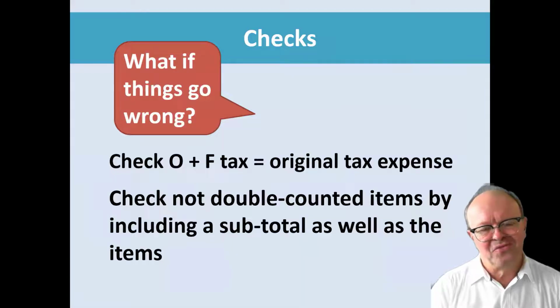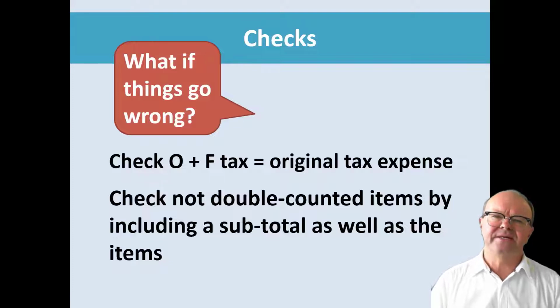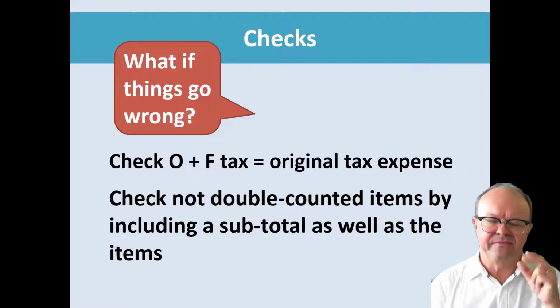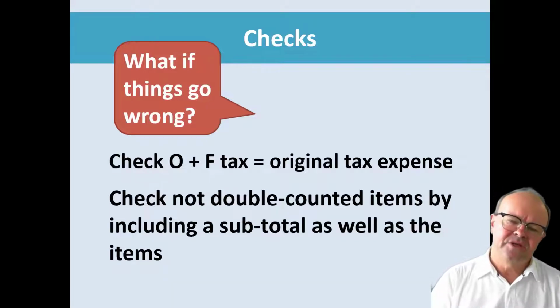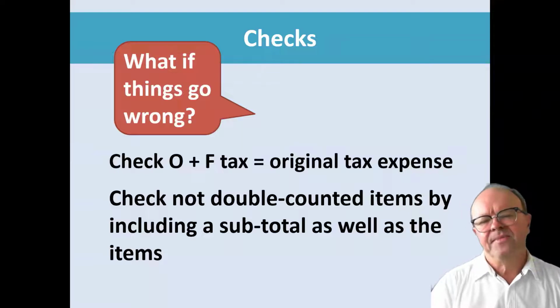So what if things go wrong with restating our income statement? Well, you can check that the tax for operating and the tax for financing equals the original tax expense in your financial statements worksheet for your income statement. So check that the O and the F tax equals the original tax expense.